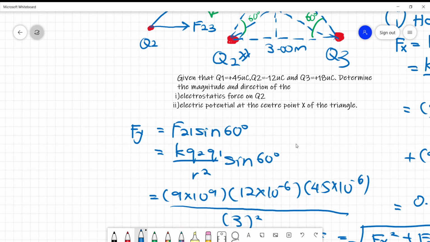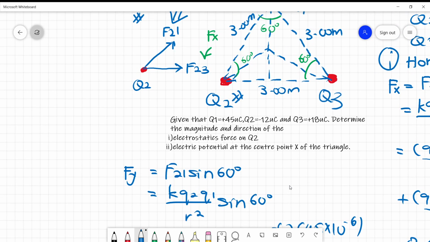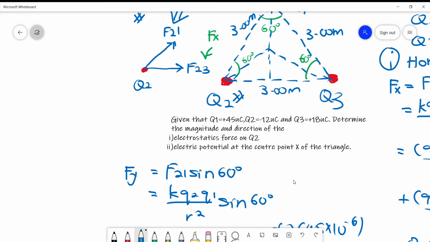So find the electric potential at the center of point X of the triangle. So basically this is the center, so let me just use another color. So this will be the center. Okay, let me just write here.